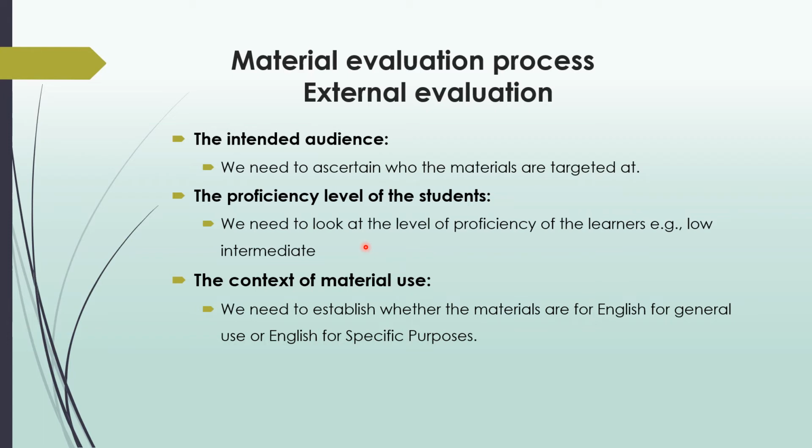For example, the material says that it is for low intermediate. Then we have to judge whether learners from low intermediate can understand that material or not. So whenever we are evaluating externally rather than inside, we are evaluating from the outer perspective, from the surface level.